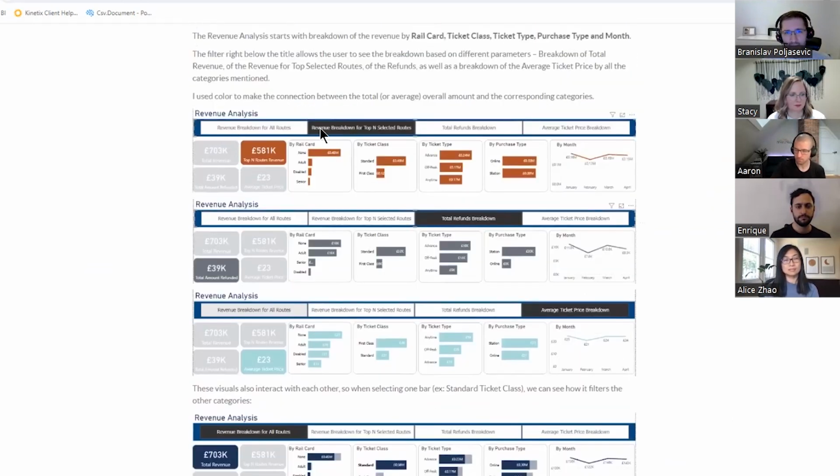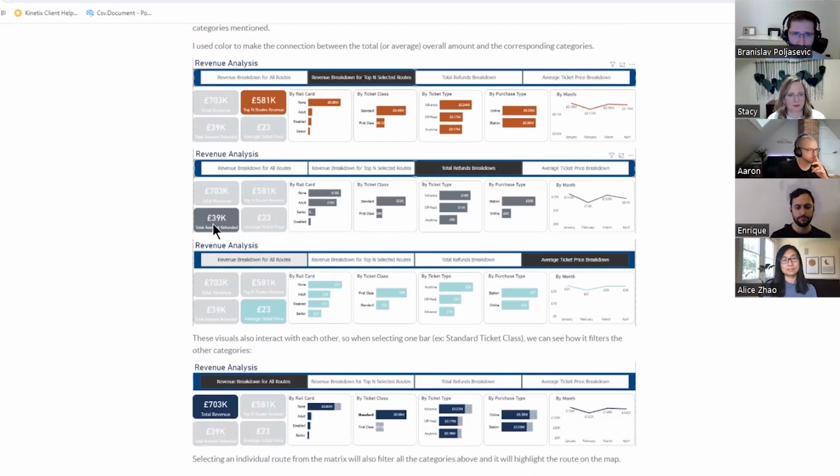I'm clicking on the revenue breakdown, top and selected routes, and then everything is orange. And then I see right next to each other all kinds of slices and dices of this data that I could possibly want. And then I move to the refunds breakdown, and then everything is gray.